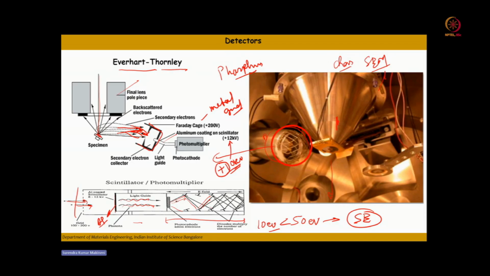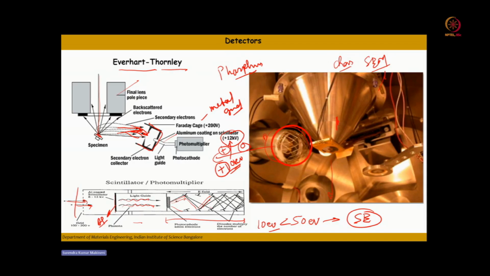Now if this scintillator bias, the plus 12 kV, is switched off, or you put a small positive voltage, then the secondary electrons are excluded from the detector and only the backscattered electrons will be detected.